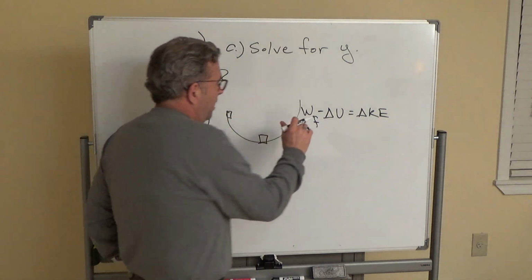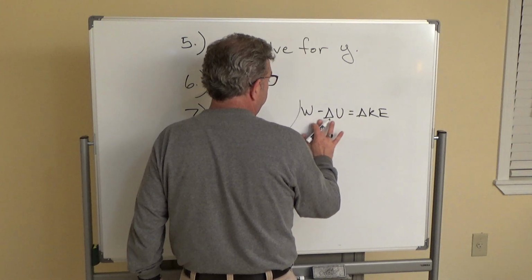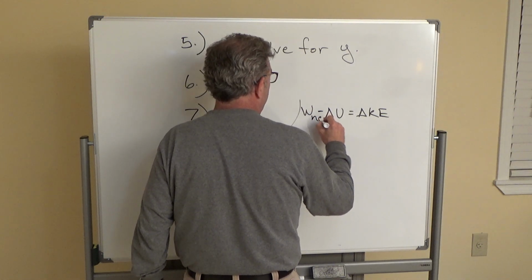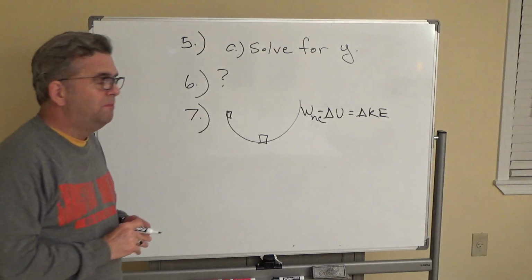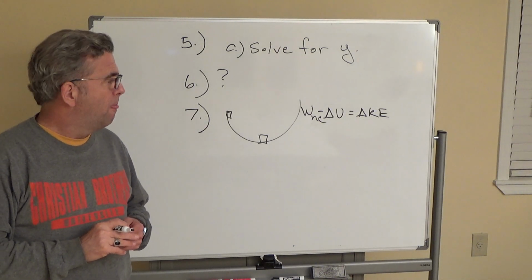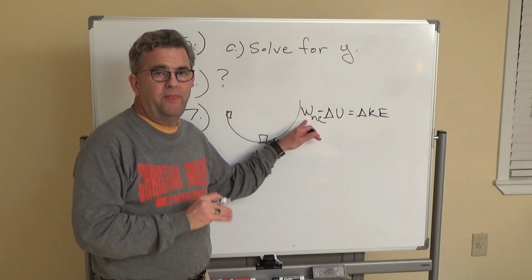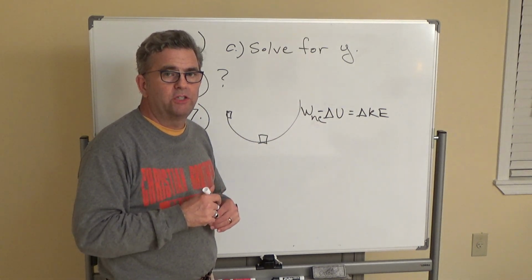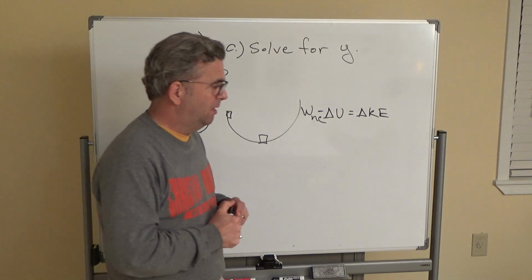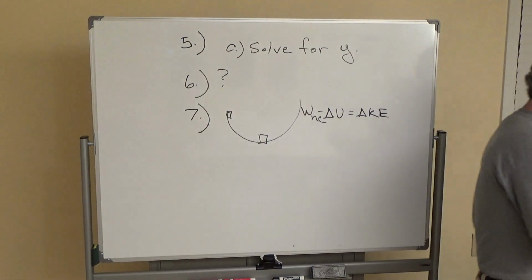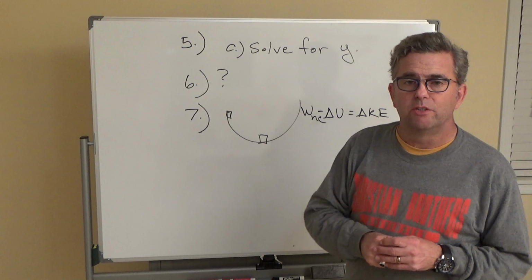Or let's just call it a non-conservative force. Okay? All right? So you can figure out how much work was done. That work went into the internal energy of the system. Really don't think you'll have any trouble with that.